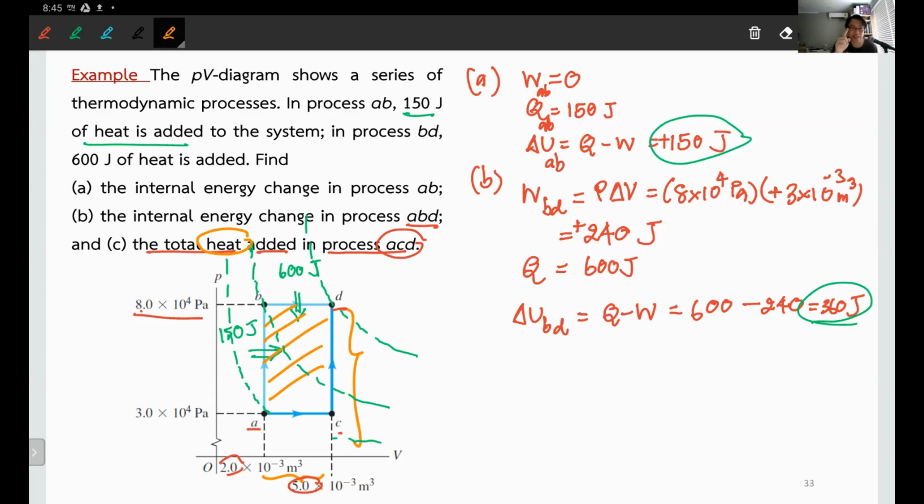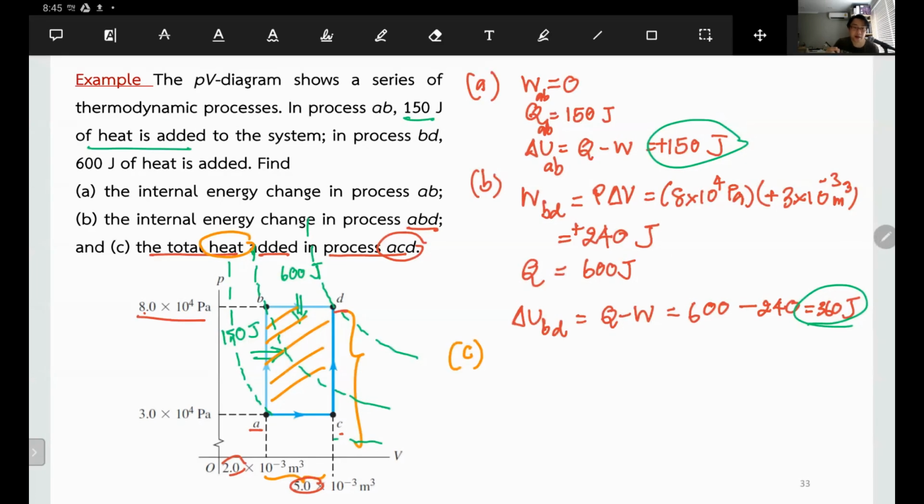From what you have seen, we attack the work first because it's easy once you have the PV diagram. The work is the area under the curve. So let's figure out the work done from A to C to D.